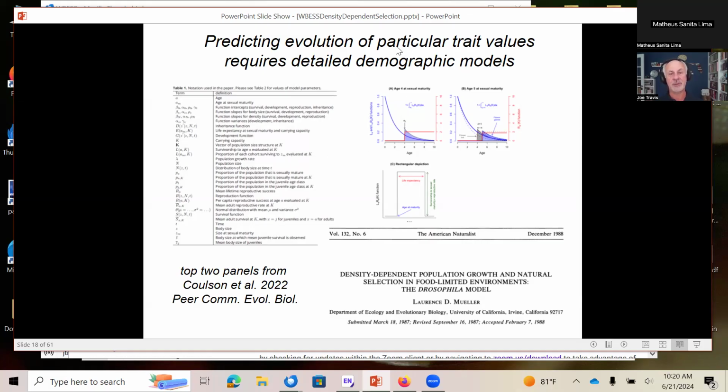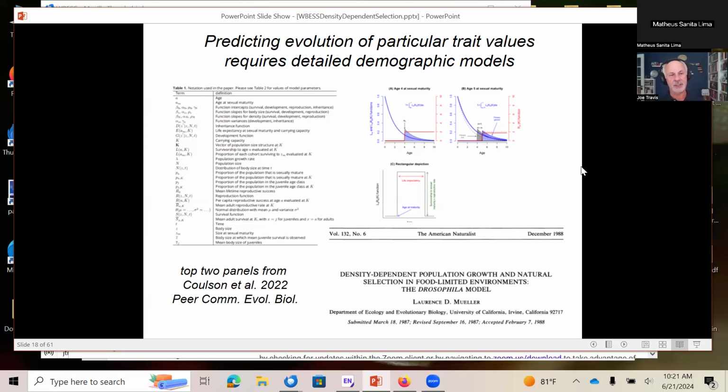The same basic principle, that the evolution of particular trait values requires detailed demographic models, was articulated beautifully way back in 1988 by Larry Mueller in this paper in the American Naturalist. And what Larry showed there, and what we tried to show many years later, is that in density dependent selection, you can get a variety of outcomes that depend on the particulars of the model.